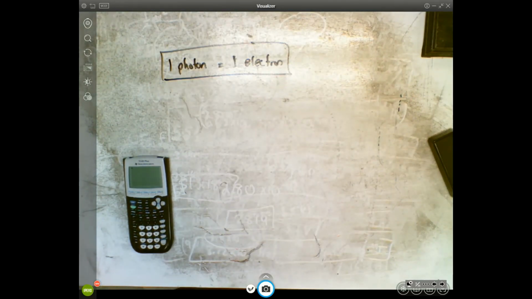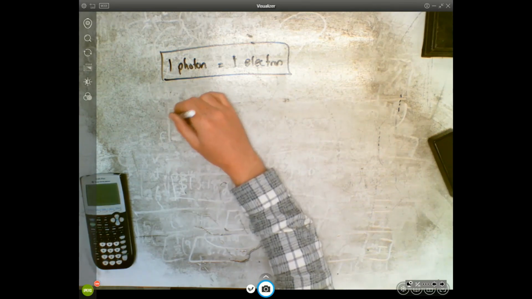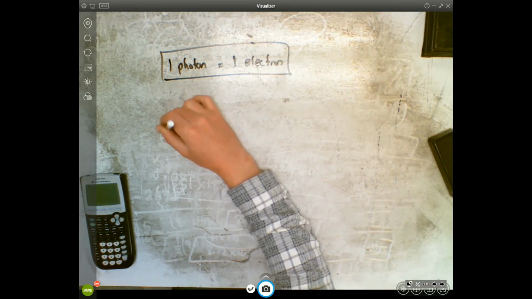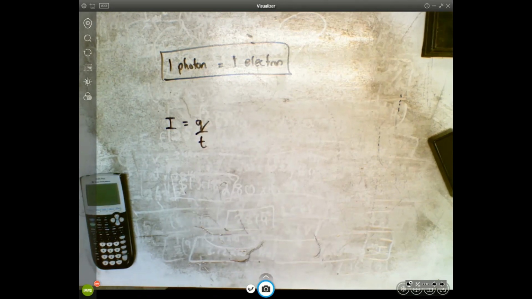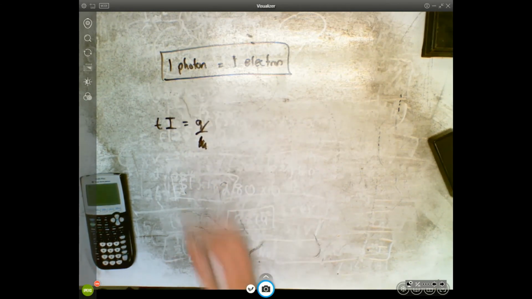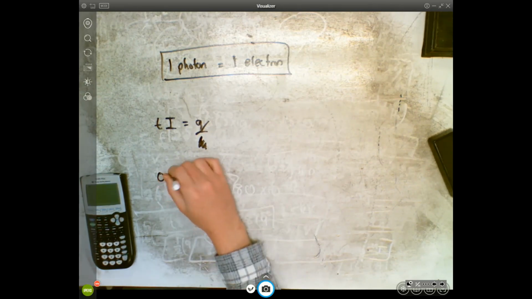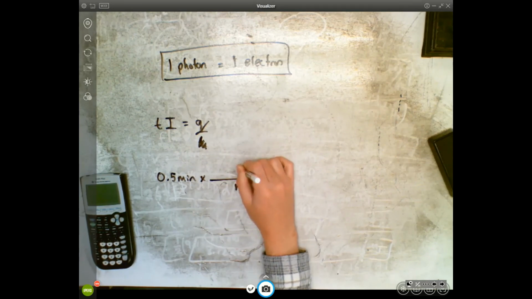So knowing that, we can use this current. Remember that current equals charge over time, and we can find out the charge that we get. It says that it runs for 0.5 minutes, so we'll have to switch that into seconds.